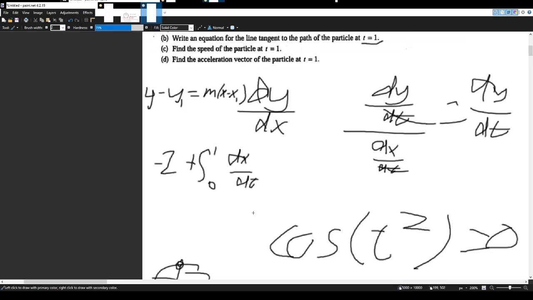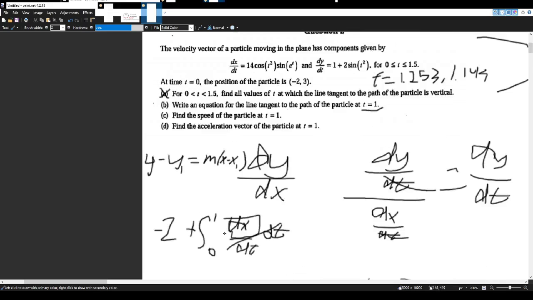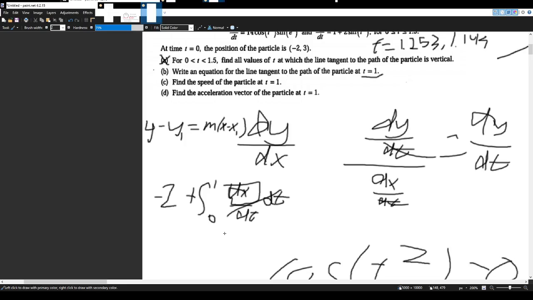I don't even know if this is allowed, but it kind of makes sense in my head. When you do an integral, you have the dt here, and these kind of cancel out and just leave dx, and that means change in x. So you have -2, the starting x, plus the change in x should give you the final x at t equals 1. I don't know if that's actually how the dx/dt stuff works, but it makes sense in my head, so I'm just going to roll with it.